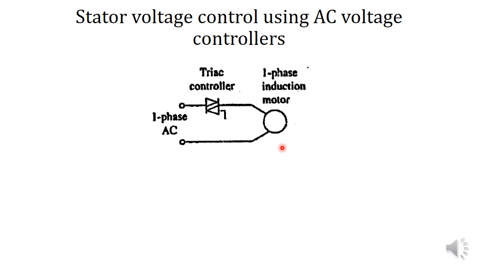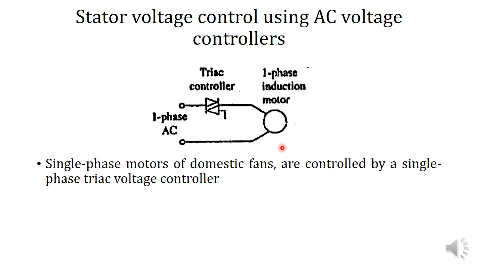So in our domestic applications, fan loads or single phase motors of domestic fans are controlled by a single phase triac voltage controller. The same speed control method that we are using in our home is using triac. That is a single phase AC voltage controller.